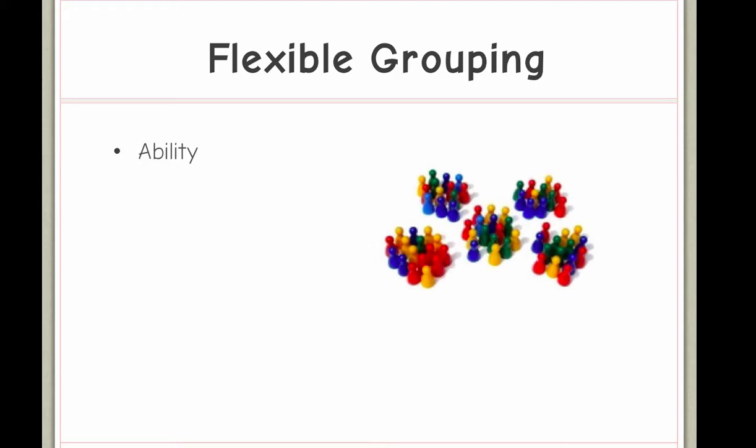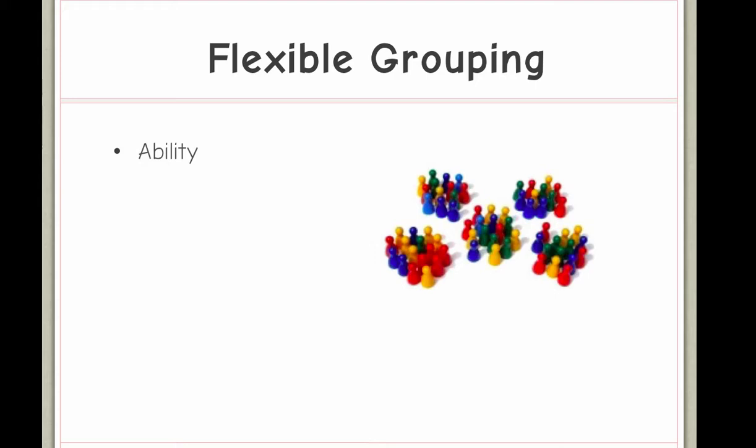So this is one very solid way to do it, but it's not what we want to do all the time. We don't want to pigeonhole kids, and we want to really encourage students to work with all the children in the class. Why? Because we know that research tells us that students benefit by working with a heterogeneous group of students. So how do we group?